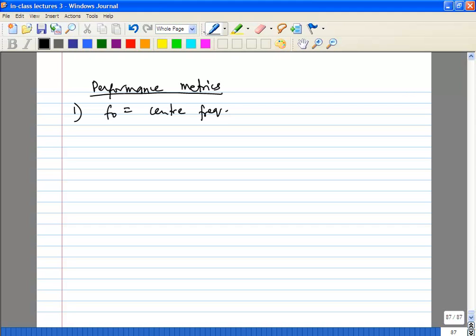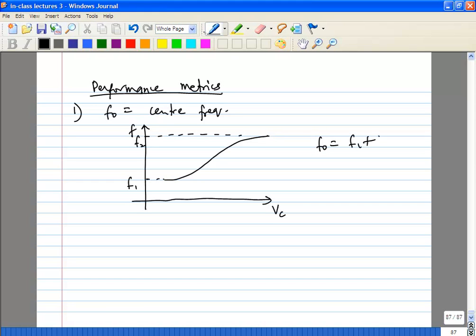Remember that you are going to use some kind of DC control voltage to tune the oscillator. So let's say it has some frequency profile, something like that. So you want to be somewhere there.